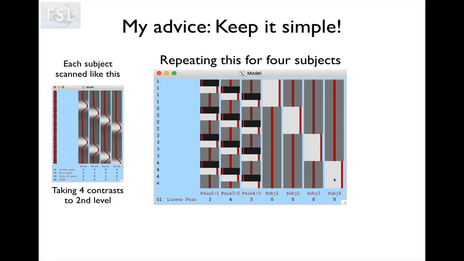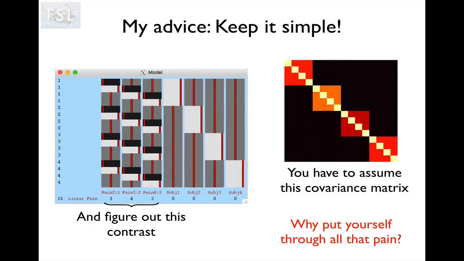Now if you want to do randomise on this, you have to assume this covariance matrix, i.e. compound symmetry, because if you don't have compound symmetry, you can't do randomisation on this. In addition, you also have to figure out this contrast. It's not that hard, but you have to sit down and figure out what the contrast looks like that gives me a linear response to pain.